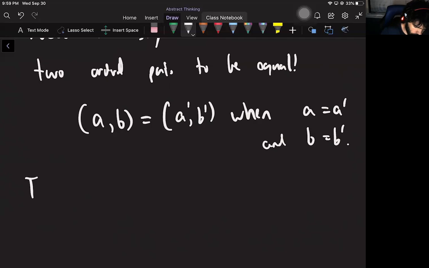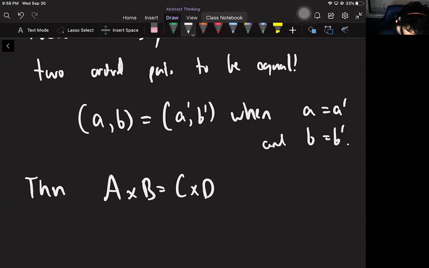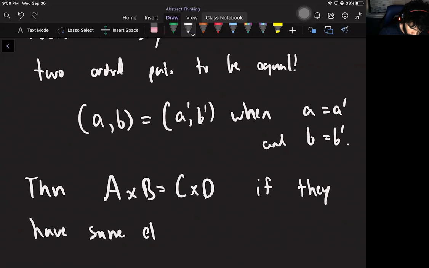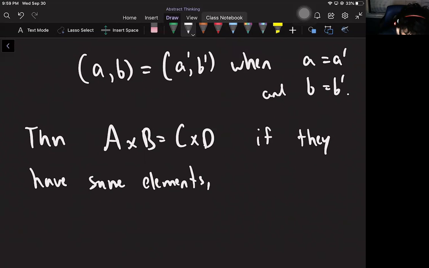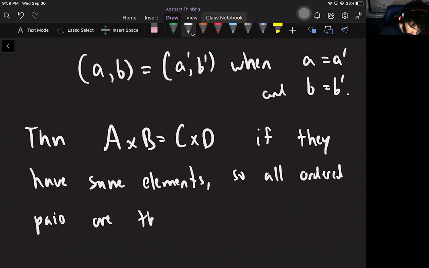So then two products of sets would be equal. Well, these are both sets, so that means that they have to have the same elements, but all of their elements are ordered pairs, so they better have all the same ordered pairs. Now, of course, if you write the elements in a different order, that's okay.